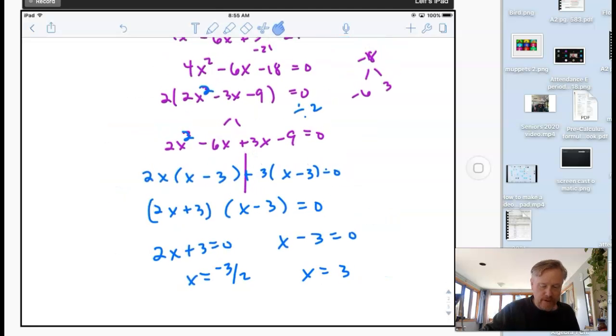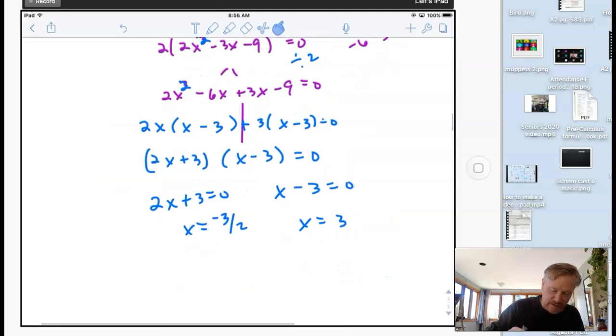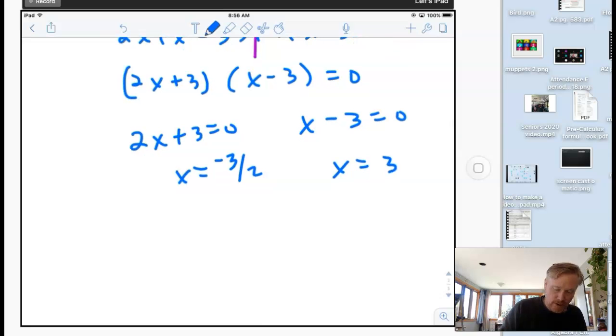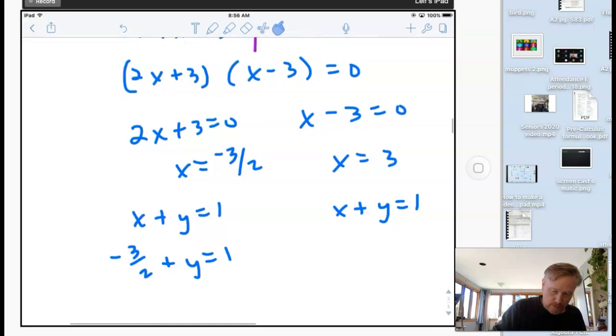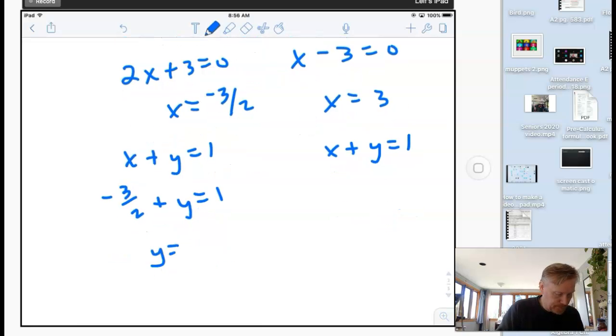Now, once again, I got to find the y coordinate, so I'm going to take the easy equation and plug those in, okay? The x plus y equals 1. And if I plug in negative 3/2 for x, I'll get my y coordinate of 5/2.